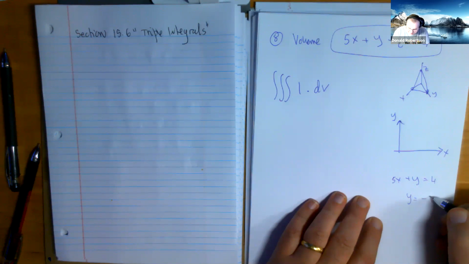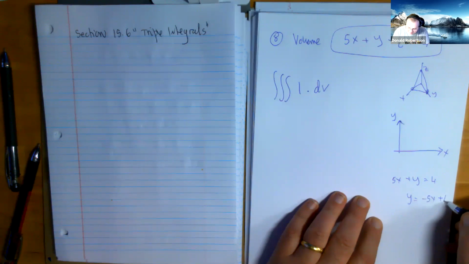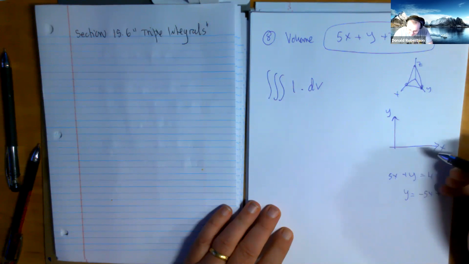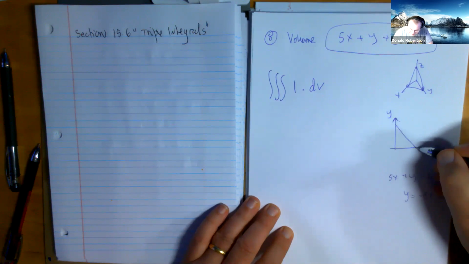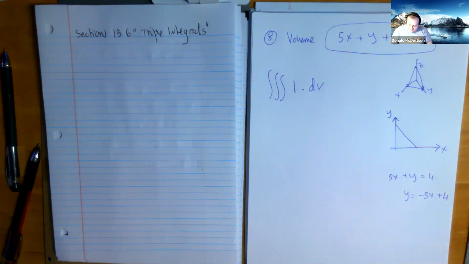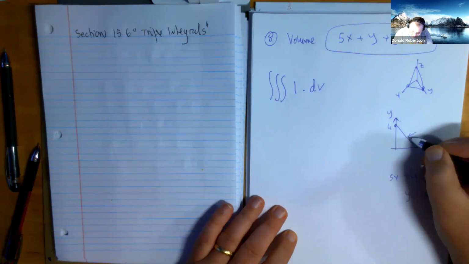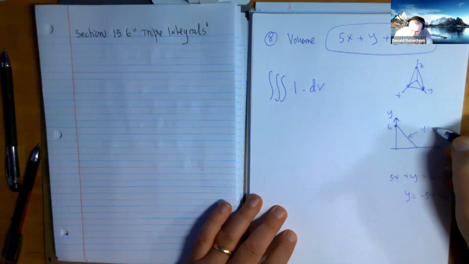That is y equals negative 5x plus 4. And I'm basically looking at that straight line. And I happen to know that this number is 4.